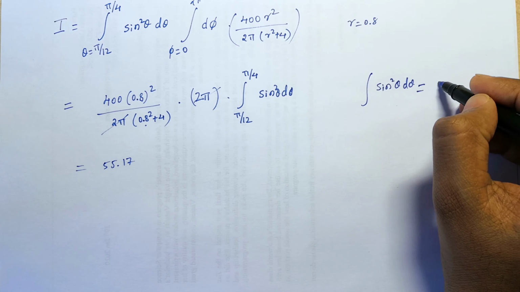So, it turns out to be theta by 2 minus sine 2 theta by 4. So, the integration here, if you put the value, it's theta by 2 varying from pi by 12 to pi by 4, minus sine of 2 theta by 4 varying from pi by 12 to pi by 4.